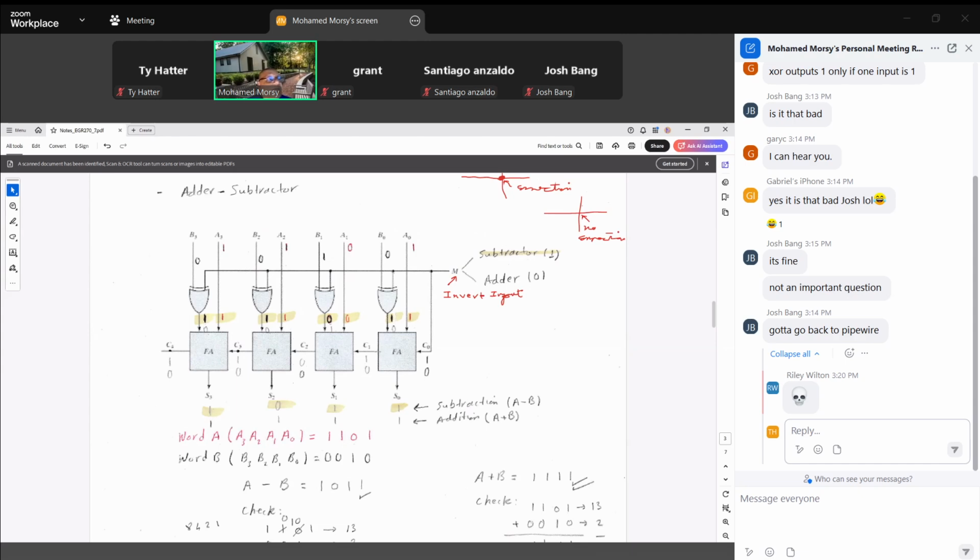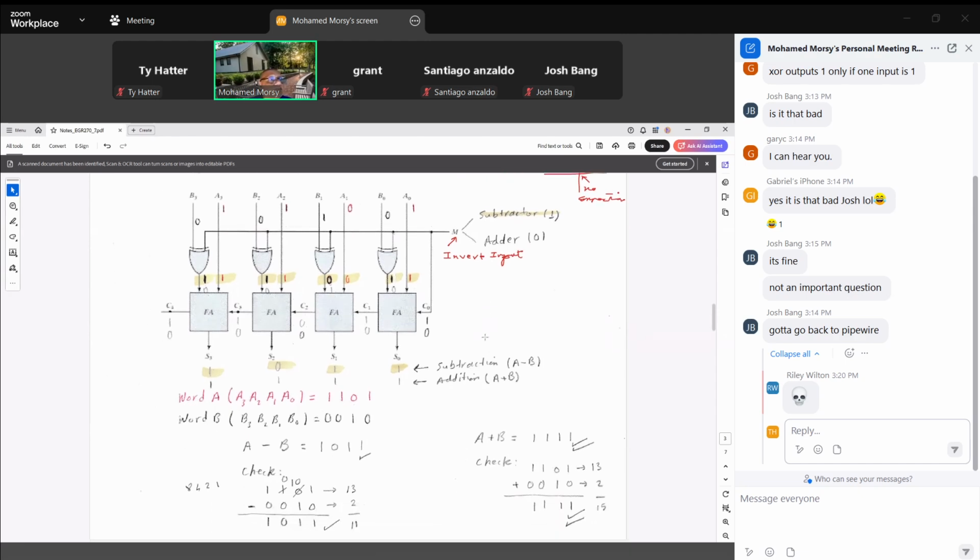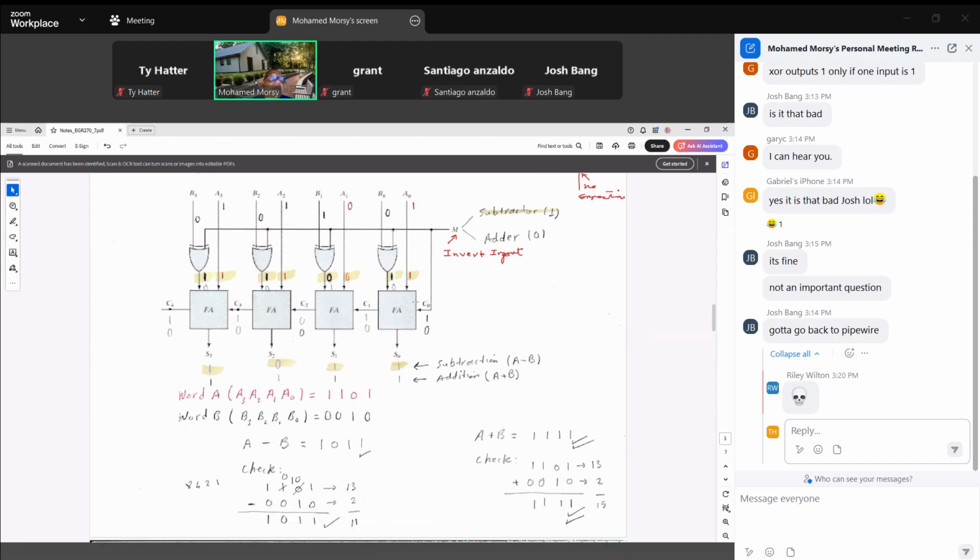Now, as we see here, each full adder has 3 inputs. One came from A, and the other bit came from the output of the exclusive OR. Okay, so now we add, like we add binary numbers.